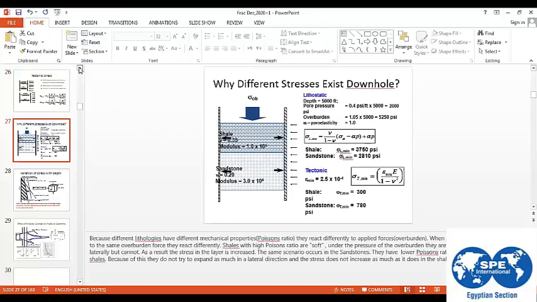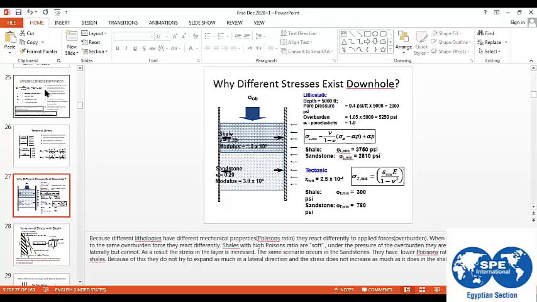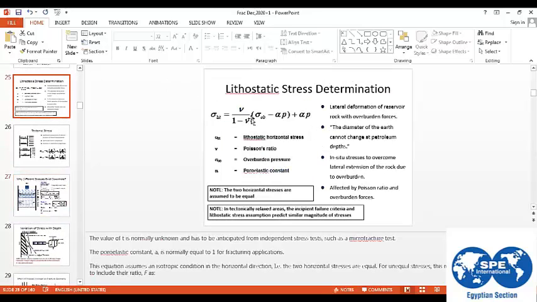Here, if you apply this equation for lithostatic stress, you will see that the main difference between the two types of rocks layered above each other is the Poisson ratio value, because the overburden stress is the same, and the bore pressure for both zones is the same.